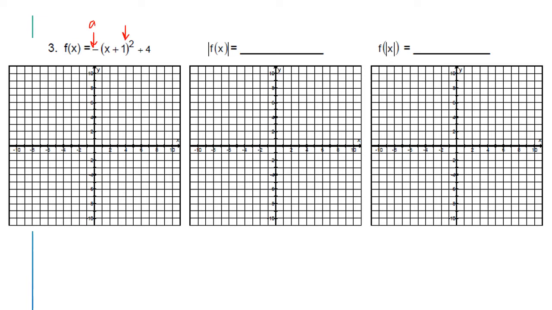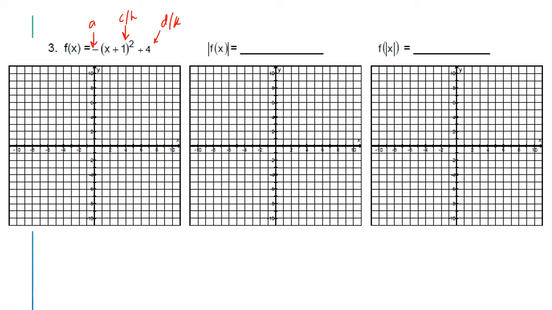This negative 1, notice how I said negative 1 because our x is a liar. This is going to be our c slash our h. And then this 4 here, that's our d slash our k. The reason why we say h and k is because in terms of a parabola and absolute value, usually you call these two your h and your k for your vertex.